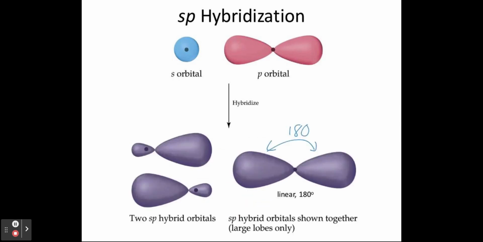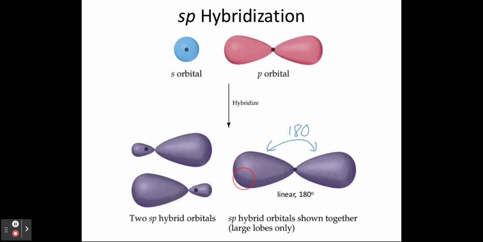When we look at an atom, here we would have the central atom in the middle, and then the orbitals. Here are the orbitals. You have one sp hybrid orbital here, and this would be another sp hybrid orbital. This is where the atoms would be overlapping.